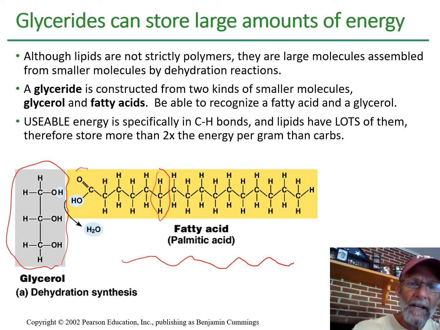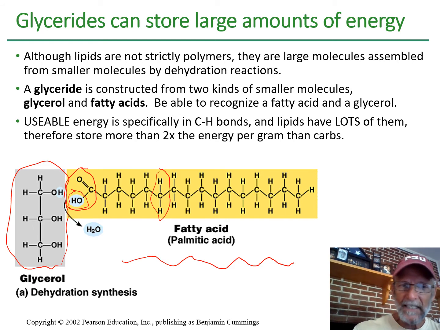And then at one end of it, you see a group that I'm going to name real fast here and come back to later. This is called a carboxyl group. And you can see part of it is an OH. What is that good for? It's good for this dehydration synthesis thing. So if a fatty acid bumped into a glycerol like this, the fatty acid will lose the OH, the glycerol would lose this H, they would become a water, and these two would become bonded right here, as you'll see in a second.